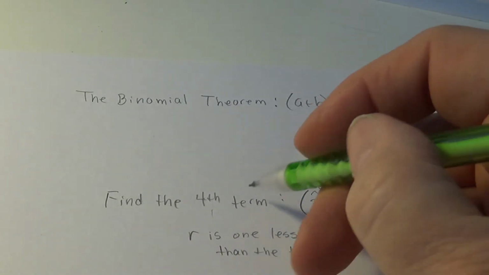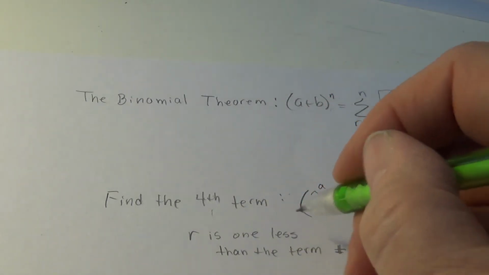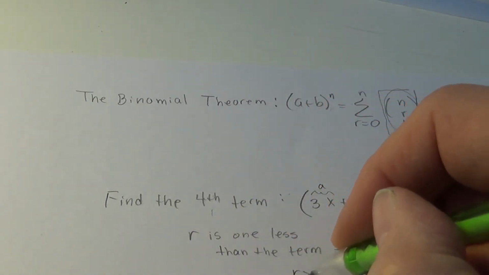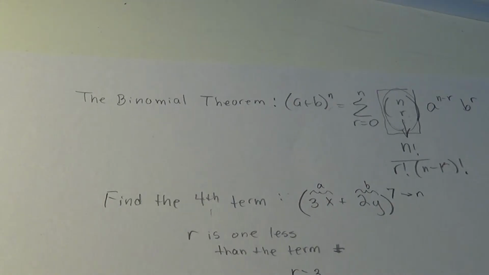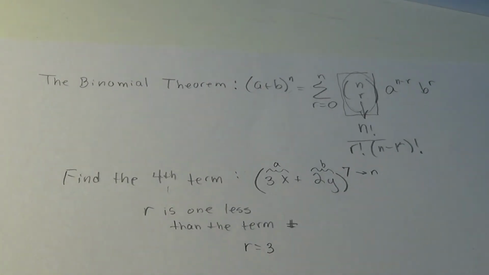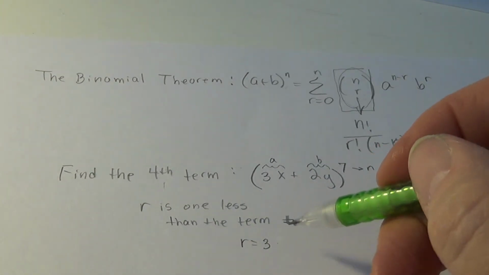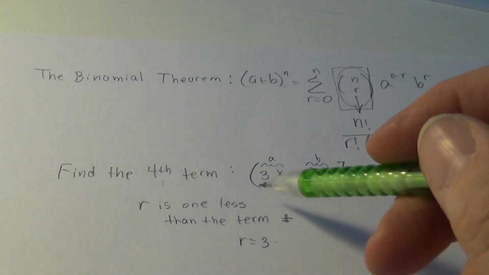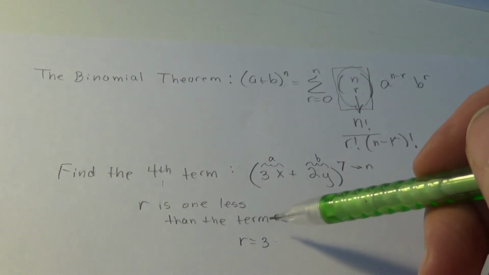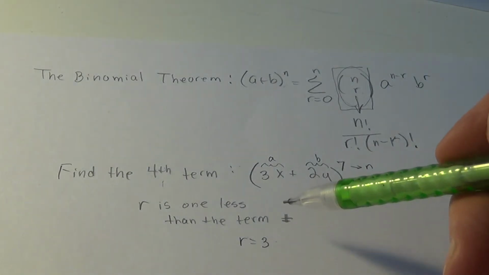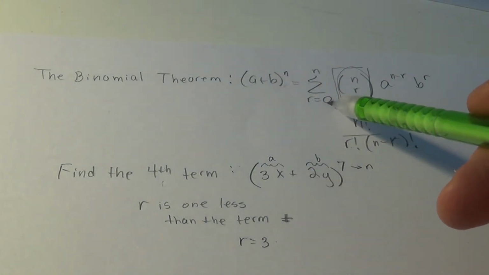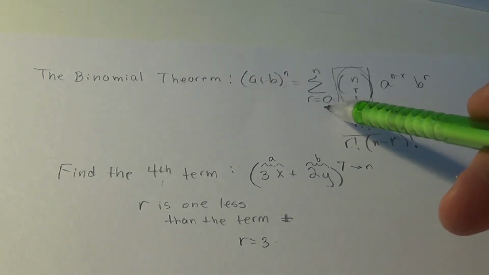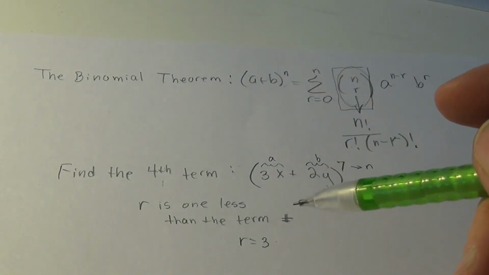So we were in the fourth term, so r in this case, can you see that? Let me move it. R equals 3. So that's probably the most common place to make a mistake, not knowing or remembering what r stands for. So, all right, in the fourth term, r will be 3. You could probably think why that might be, because we're starting our count at 0. So you can ponder on that.